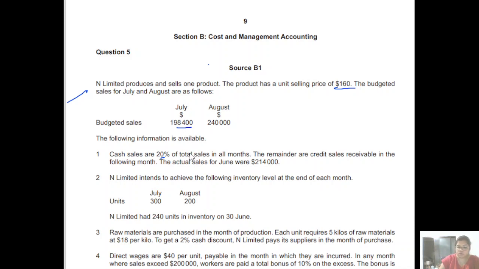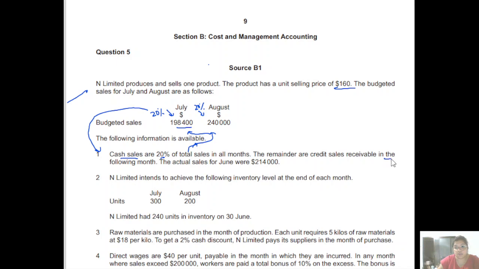So if total sales are given to you for the months of July and August, and you calculate 20% on the July sales as well as on the August sales, then you are able to find out your cash sales. And the remainder are credit sales. Whatever is left is your credit sales.